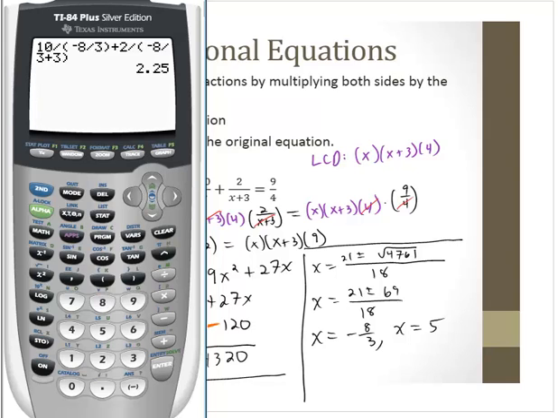So that's good. And let's check the other solution. 10 over 5 plus 2 over, I missed the 2, 2 over quantity 5 plus 3 is 2.25 as well. I'm very confident in these solutions to the equation.